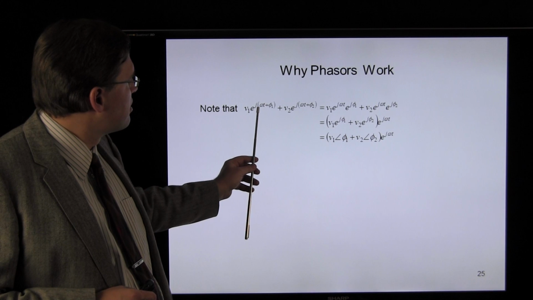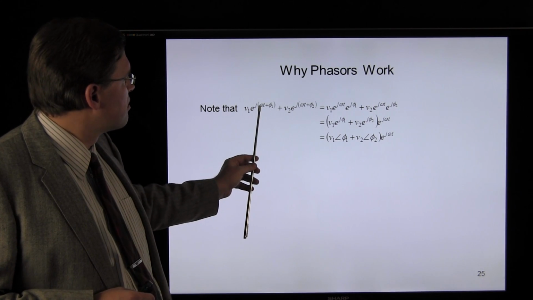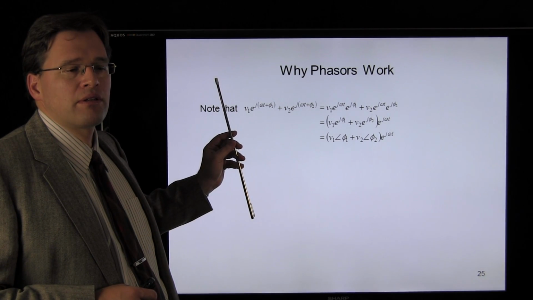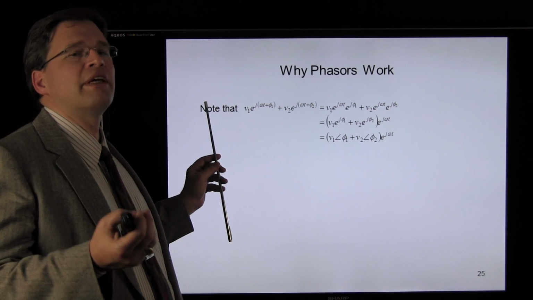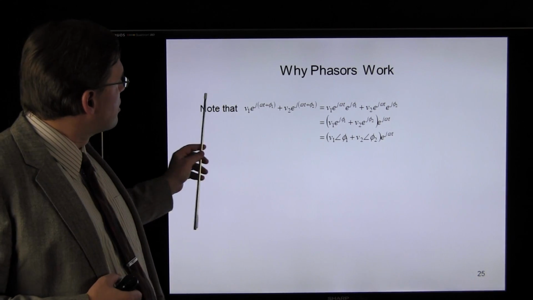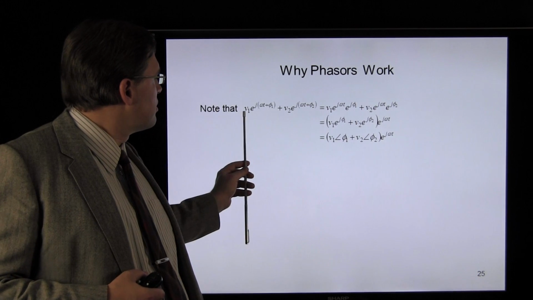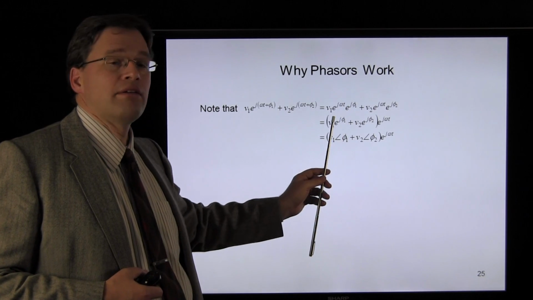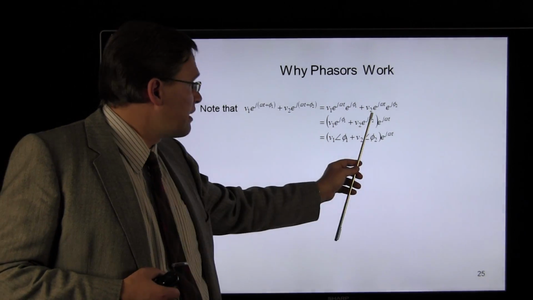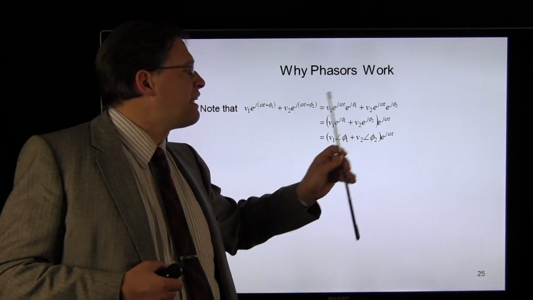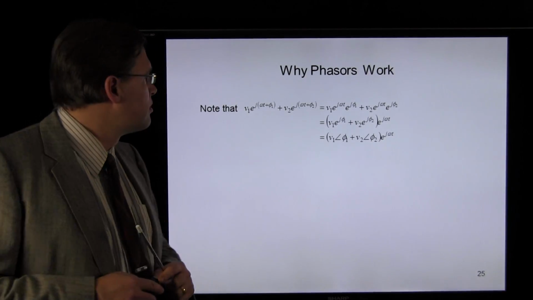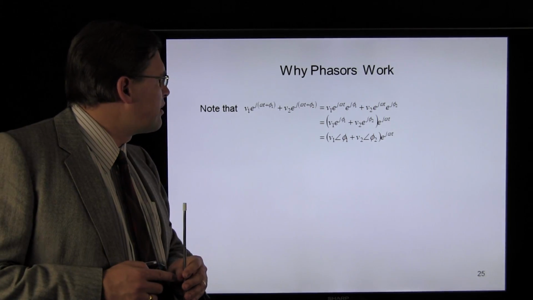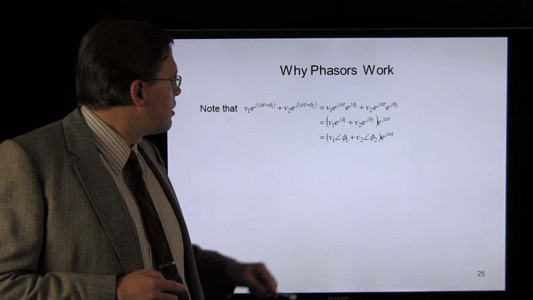Here I have the exponent e raised to a sum. The power of a sum is just the product of the powers. So each of these can be converted into e to the j omega t times e to the j phi 1 in the first case, and in the second case e to the j omega t times e to the j phi 2. Oh, wait a second. I can factor out that term of e to the j omega t. It's out there. So what's left?